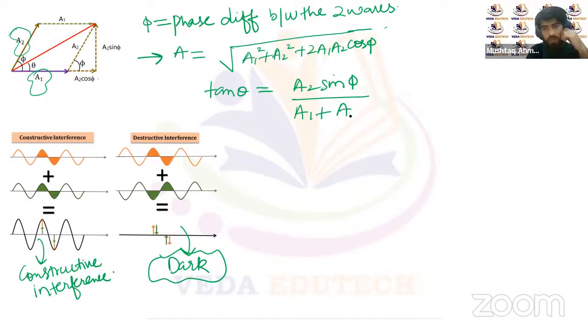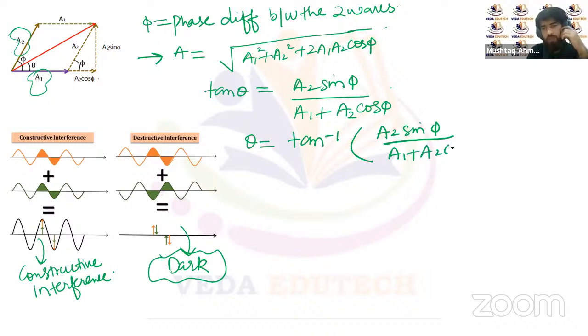This is how we can calculate the resultant phase of the resultant wave from the phasor diagram. Theta is the resultant phase, so theta equals tan inverse of A2 sin phi upon A1 plus A2 cos phi.